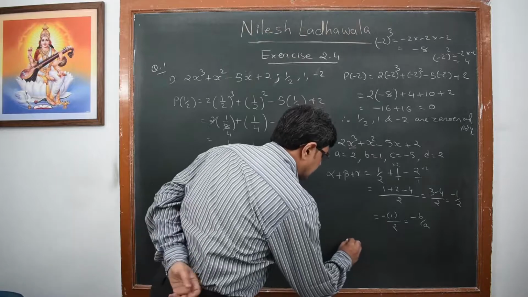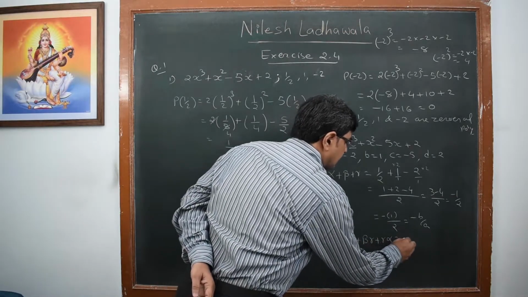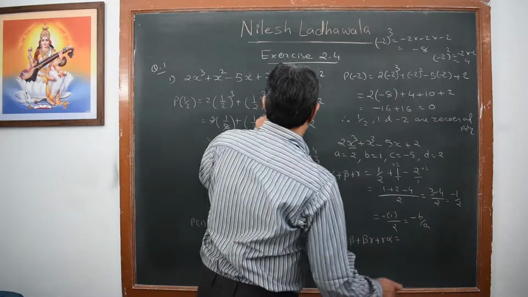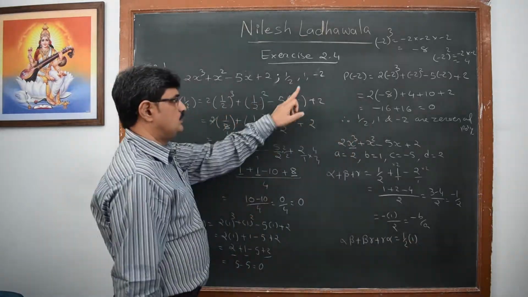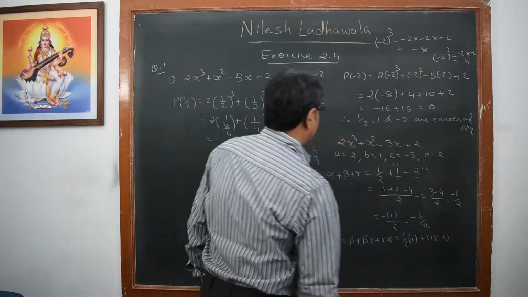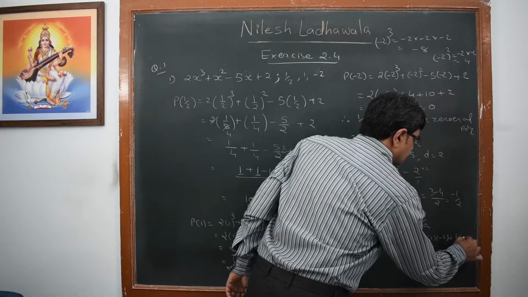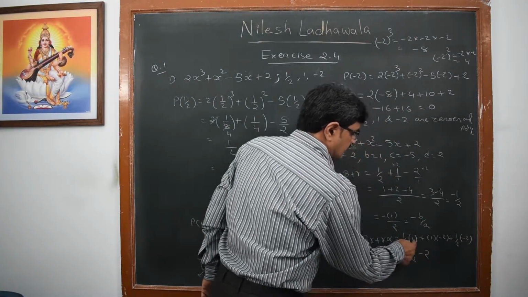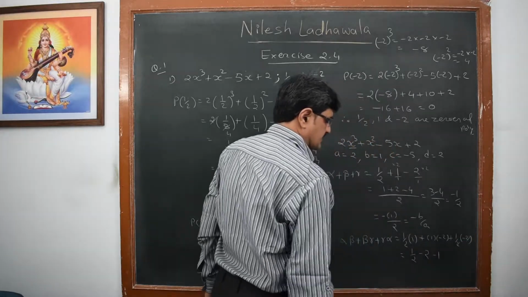Now I will check if alpha beta plus beta gamma plus gamma alpha is equal to c by a or not. Alpha, I will write 1 upon 2, beta I will write 1, plus beta gamma, that is 1 into minus 2, plus gamma alpha, that is 1 upon 2 into minus 2. The simplification will be 1 upon 2 minus 2, the 2s will be cancelled, it is minus 1.